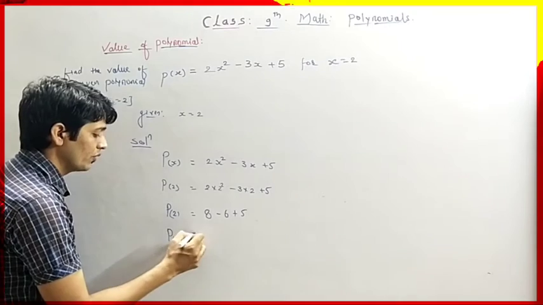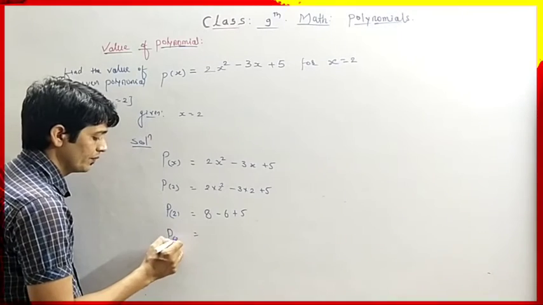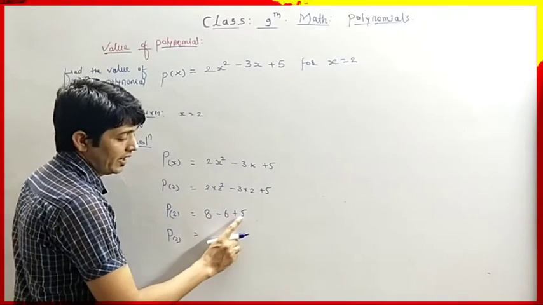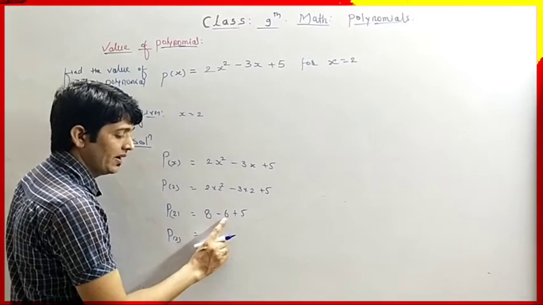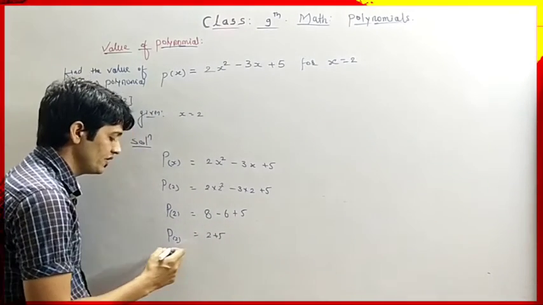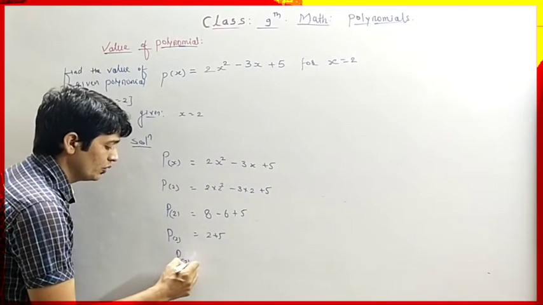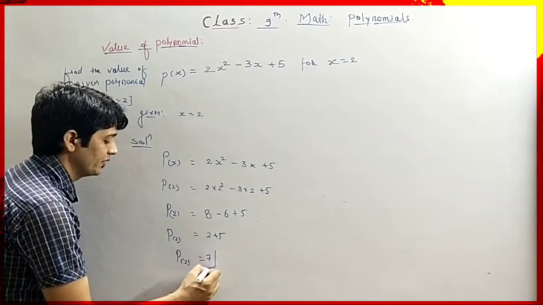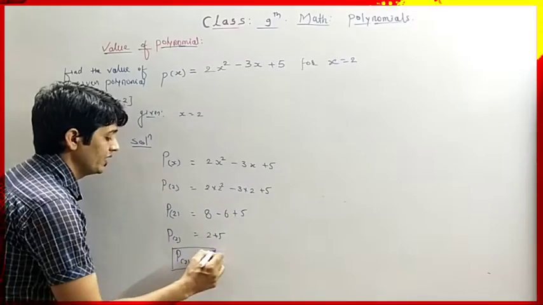So 8 minus 6 is 2, and 2 plus 5 is 7. Therefore p(2) equals to 7, and it is our answer.